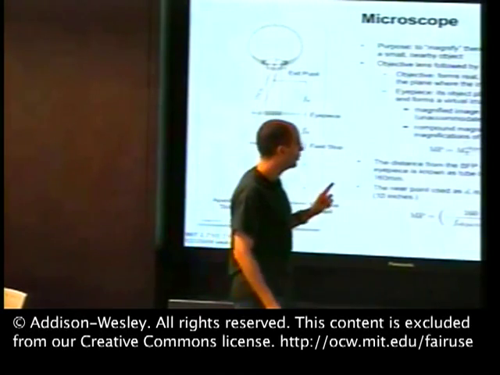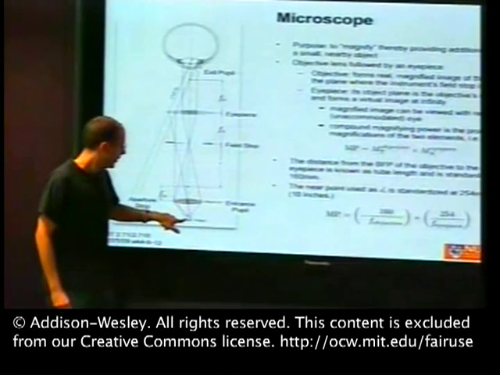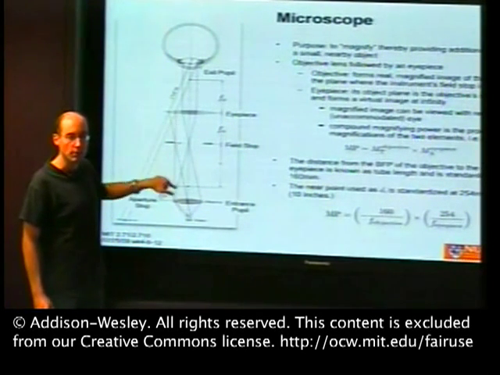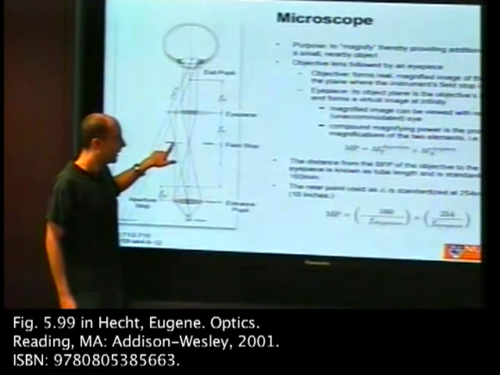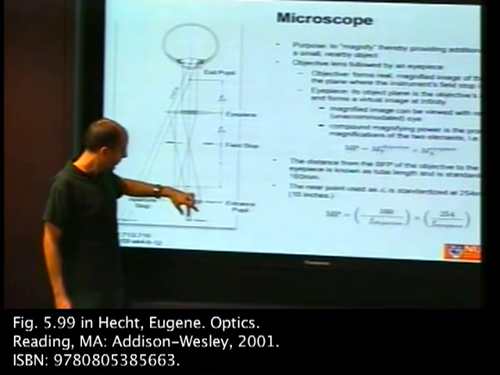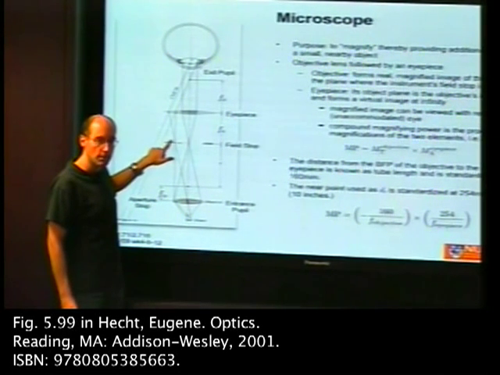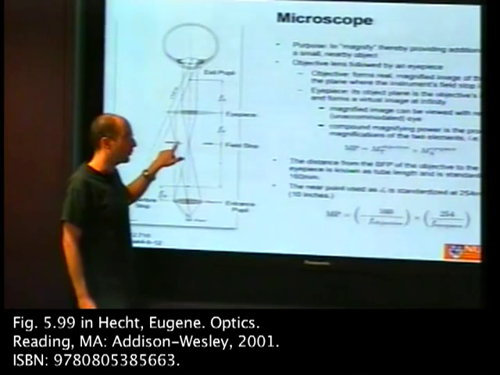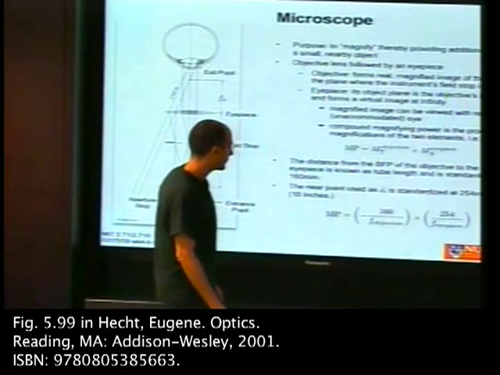We need two elements. One is the lateral magnification of the objective, because recall, the objective actually forms a real image. So here is the object, and here is its image, right? So we need first of all to find out where the intermediate image appears with respect to the optical axis. That's the lateral magnification of the objective, and that is whatever.